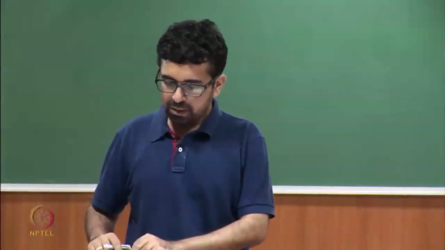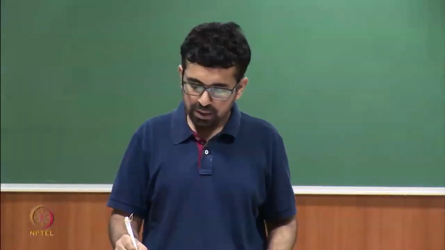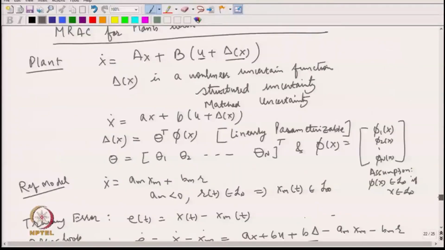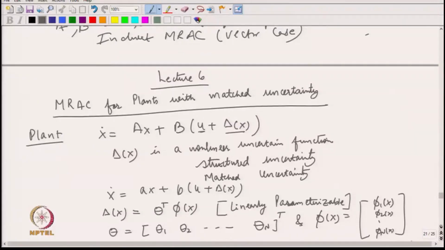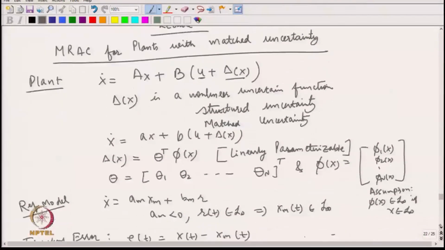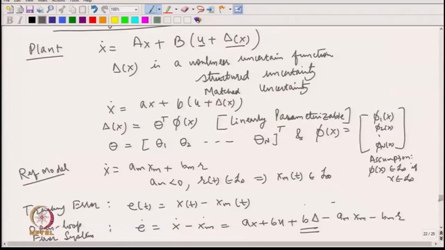Okay, so that is all about the case where you have a matched structured uncertainty like this. We have done the scalar case. You can also attempt the vector case for this. It is very similar to this analysis.